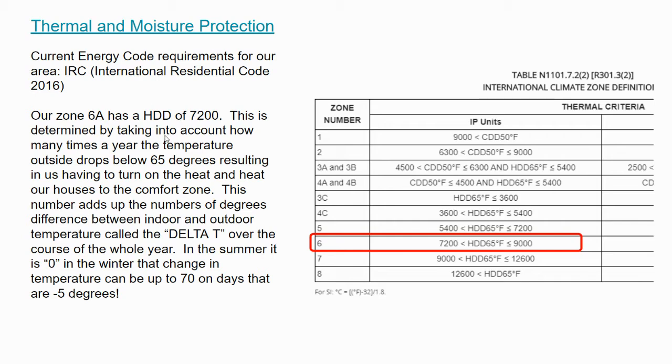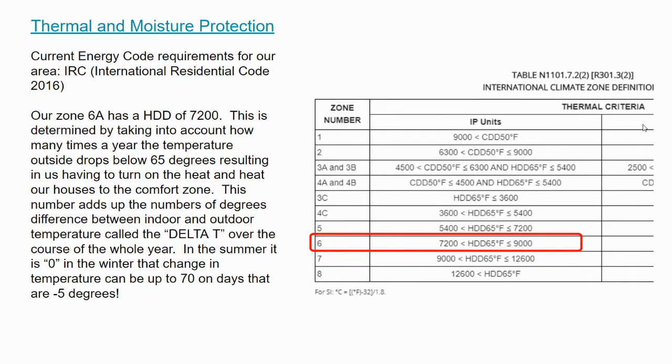A little further into Section 11, which is the energy code requirements in the IRC, you can see this is Table N1101.7.2, and this shows us that in zone 6 we have a heating degree day range of 7,200 and no more than 9,000, if you will.